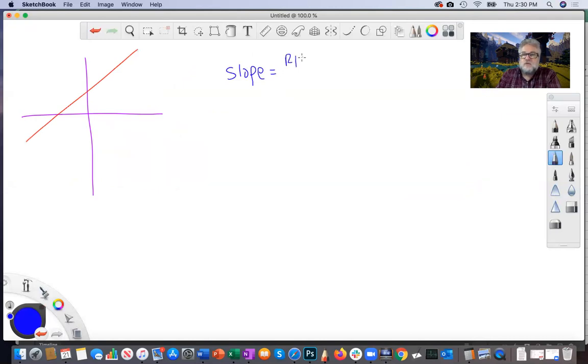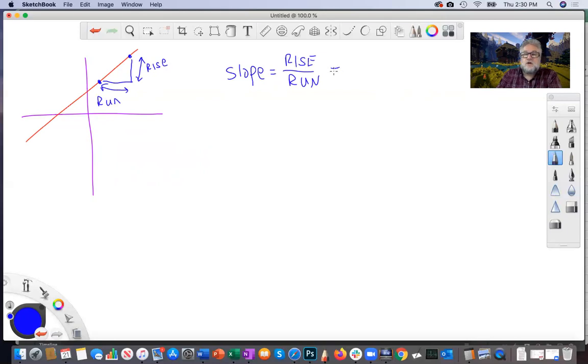So it's referred to as the rise over the run. So if I have 2 points here, I'll make my little triangle like we did when we did the distance formula. This distance is the rise, and this distance is the run.